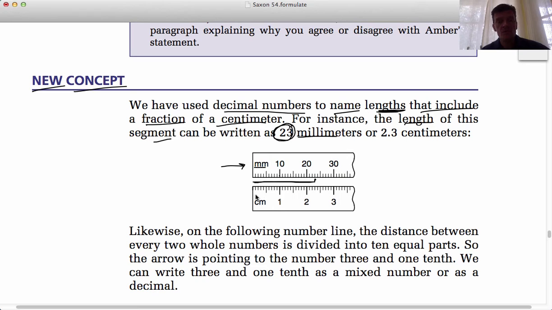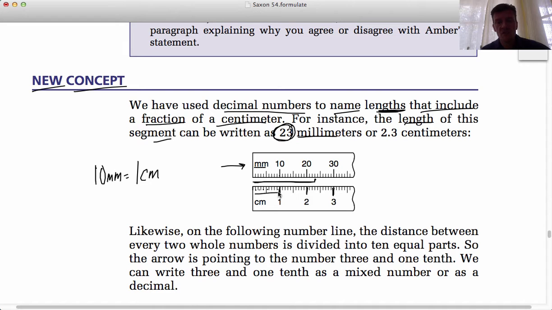Or if you're going to use the larger marks here, 1, 2, 3, those are measured in centimeters. Notice there are 10 small marks in 1 centimeter because each small mark is a millimeter. So 10 millimeters is the same length as 1 centimeter.